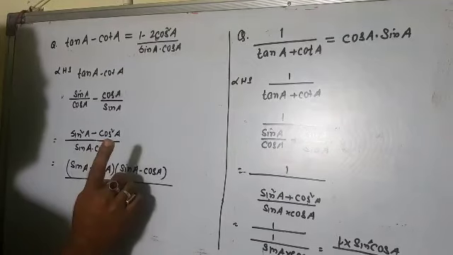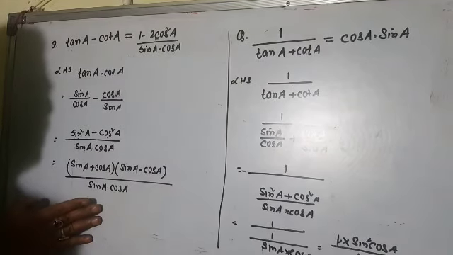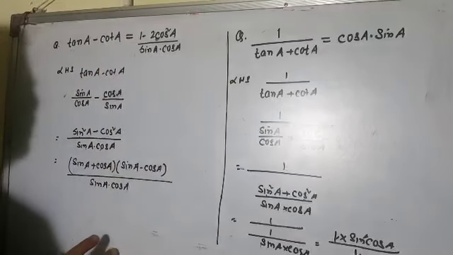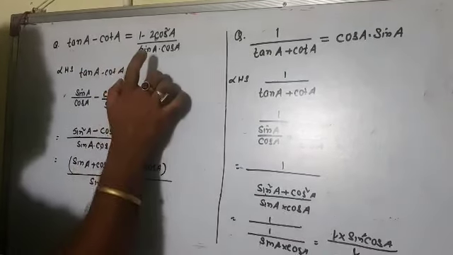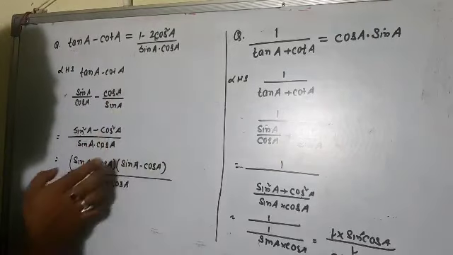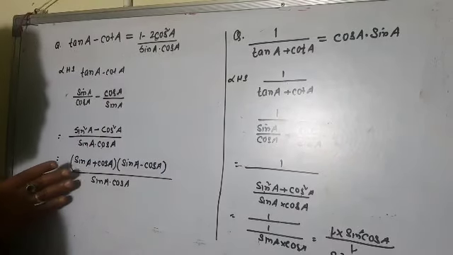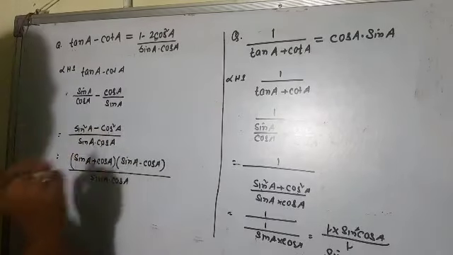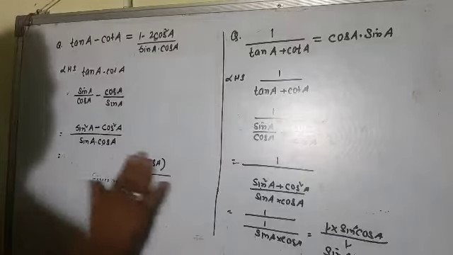So always solve in the way where your RHS demands. We are going according to that, so we cannot use a square minus b square. So what do you use?